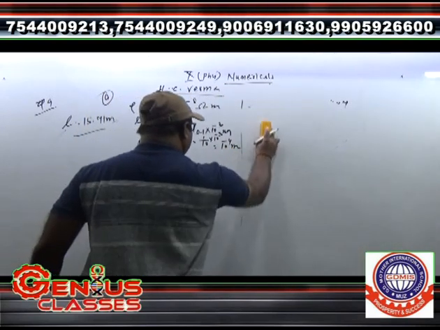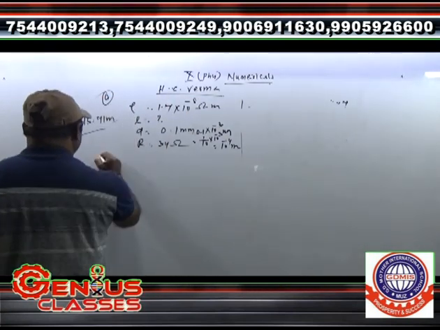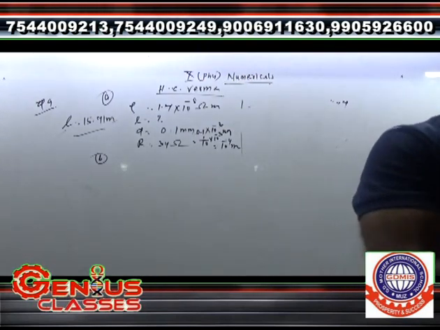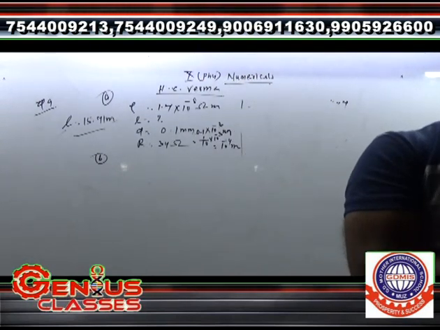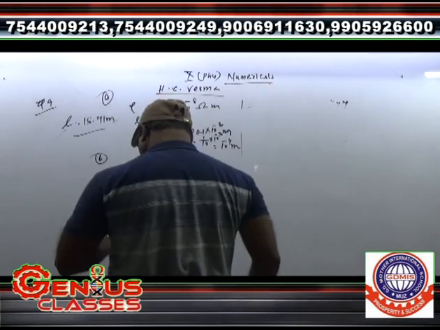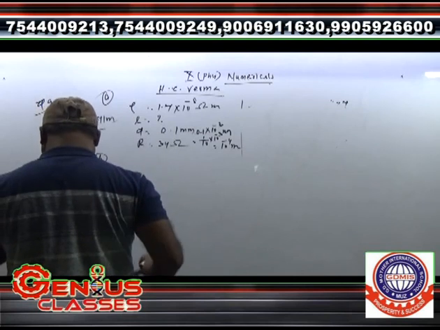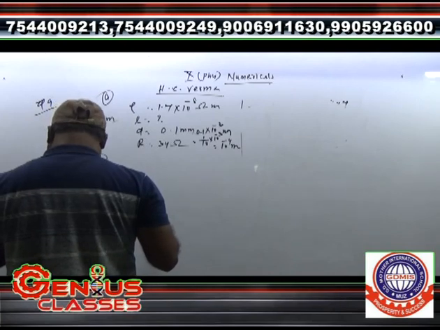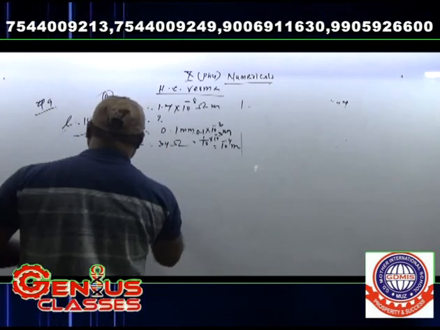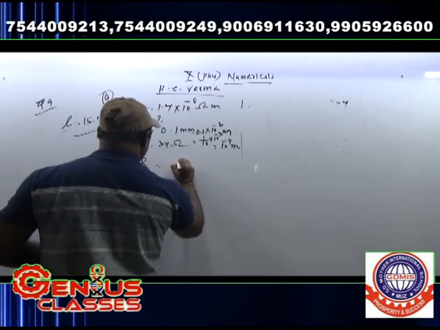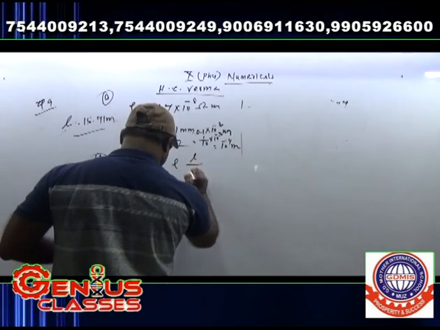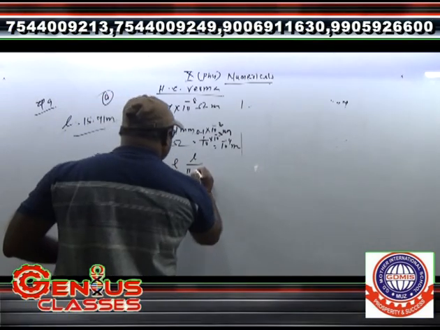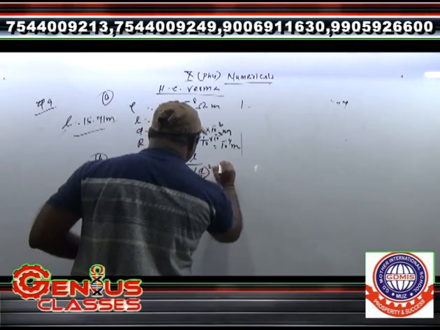See the B part is here. In B part we need not do long calculations. There is a simple technique. The second part says another copper wire of the same length but half of the diameter as the first is taken. If we write the first one, R is equal to rho L by A. L by A means pi r squared, that is D by 2 whole squared.